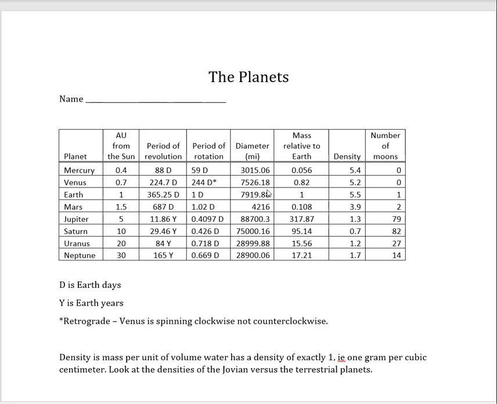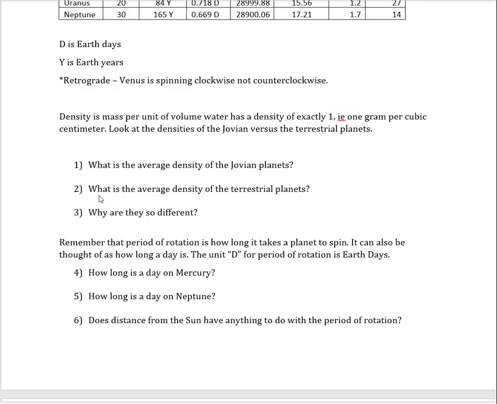The first few questions on here are really just going to refer to the chart, and in some cases, all you really need to do is read a number off of the chart. So don't go memorizing the chart if you're thinking about doing that. Don't do that. Looking along here, the first thing I ask you about is average density, right?